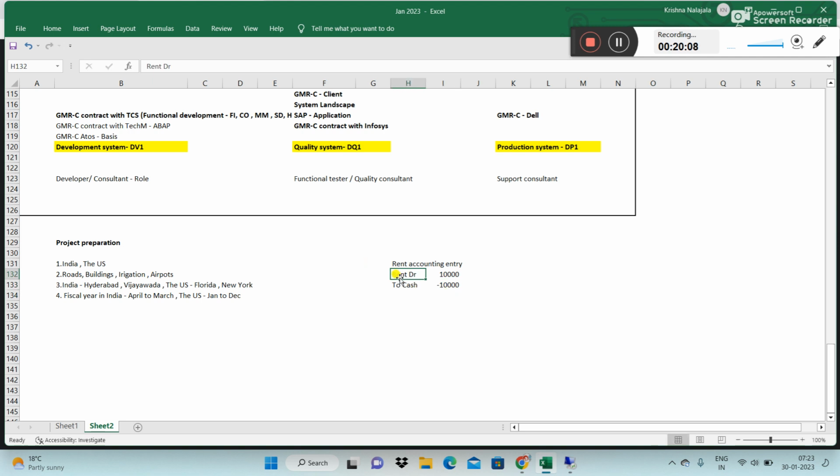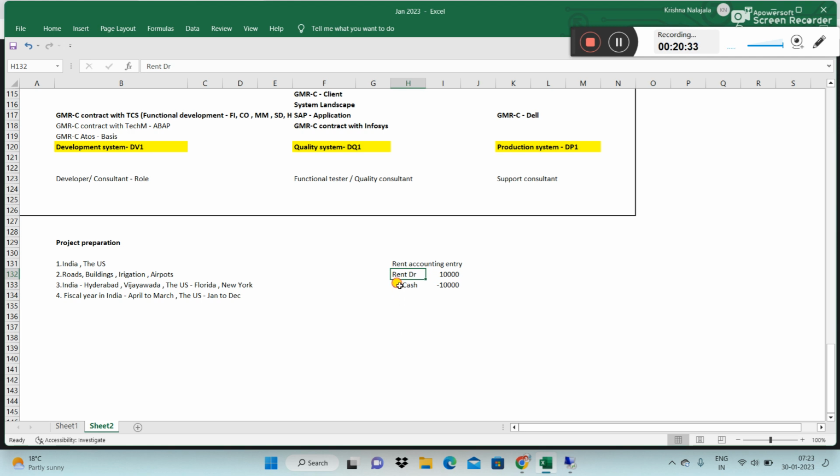What is this rent and cash? What do we call them in an organization? Expenses? Rent is an expense account. What is the accounting terminology? Rent is a nominal account, cash is a real account.